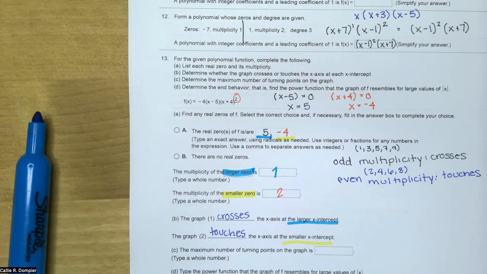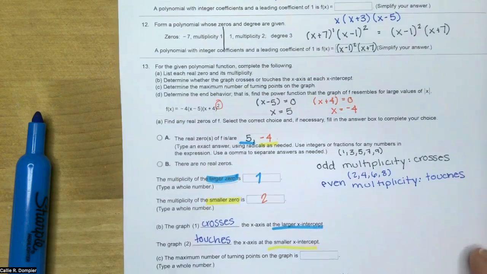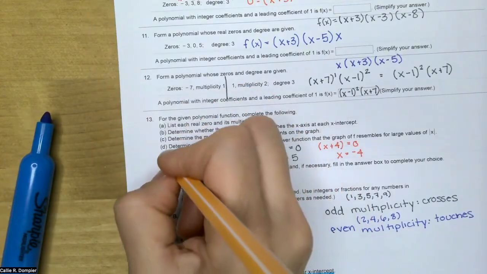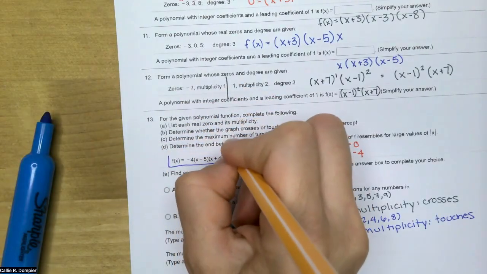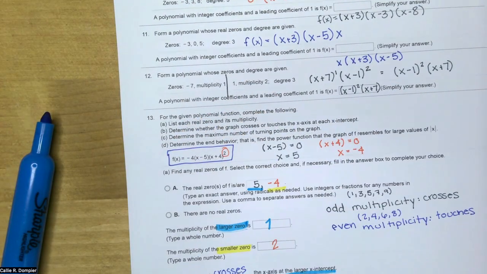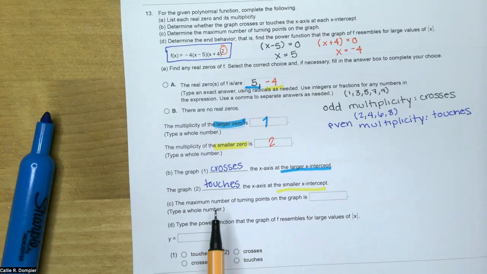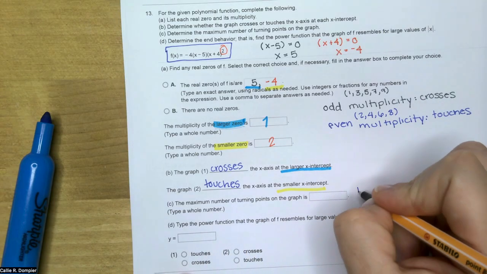The next question is what is the maximum number of turning points on the graph? So let's look at this, okay? This is all one term, right? So we need to find what is the rule for the maximum number of turning points?